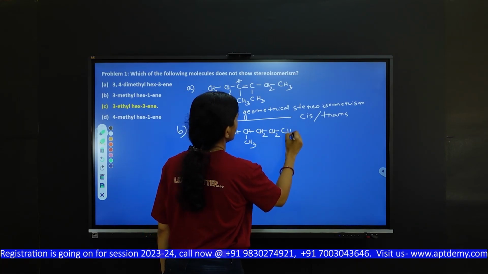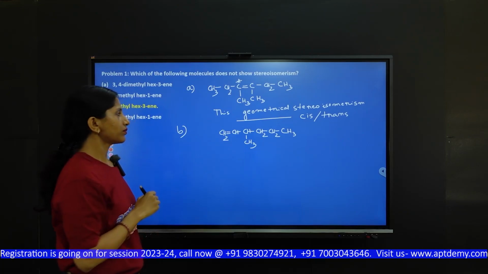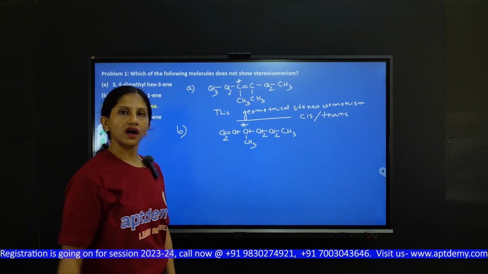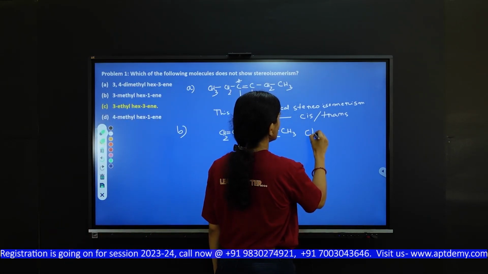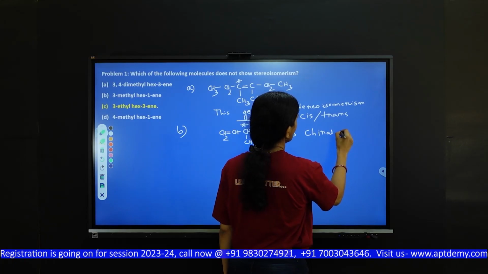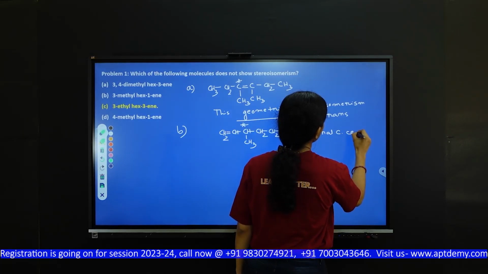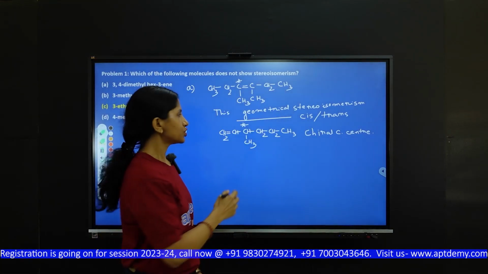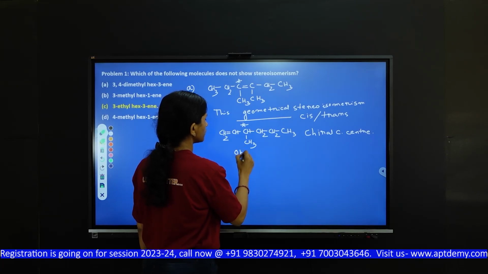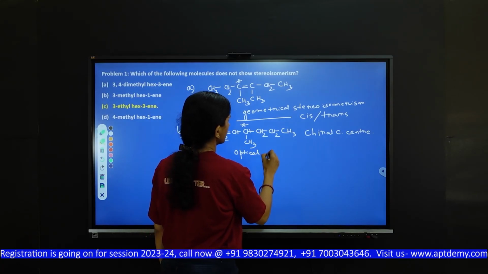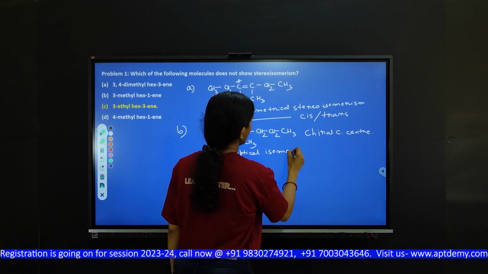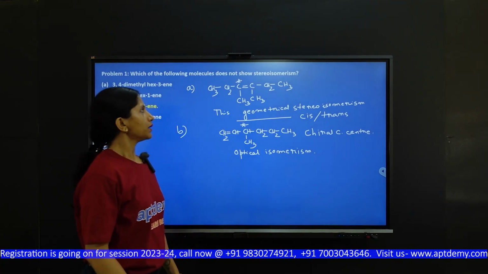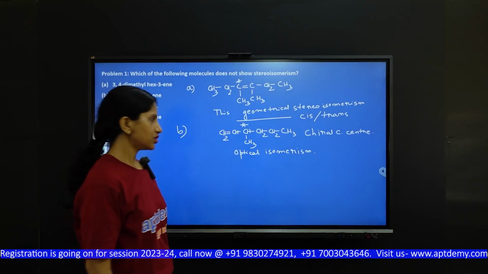This is our 3-methyl hex 1-ene, and this is also a chiral carbon center. That's why it will also be able to show optical isomerism, so this is also able to show optical stereoisomerism.